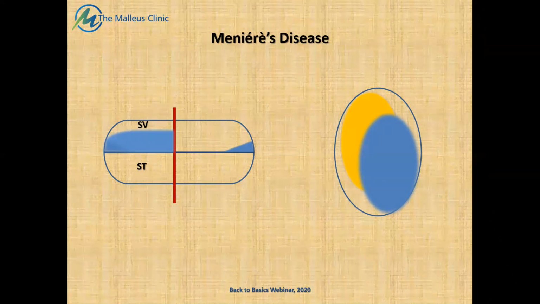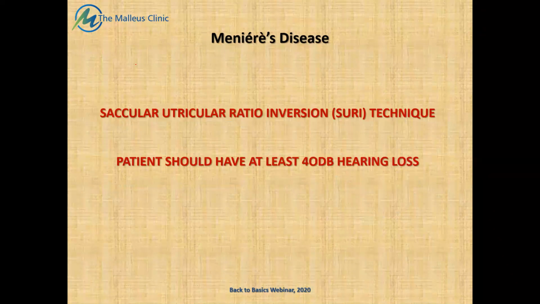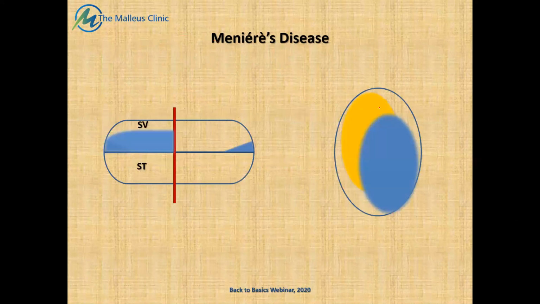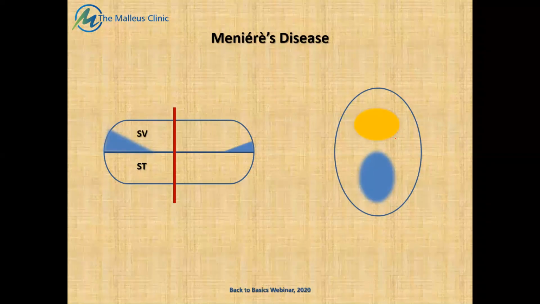Okay, there's another proposal which says that because the saccule tends to be affected more in endolymphatic hydrops secondary to Meniere's disease, the saccular involvement being more than the utricle, there is something called a saccular utricular ratio inversion, or the SURI technique. So here what we would have is the saccule becoming more and more hydropic, but the utricle lesser.